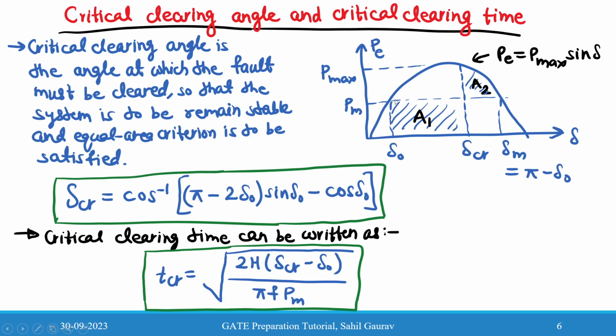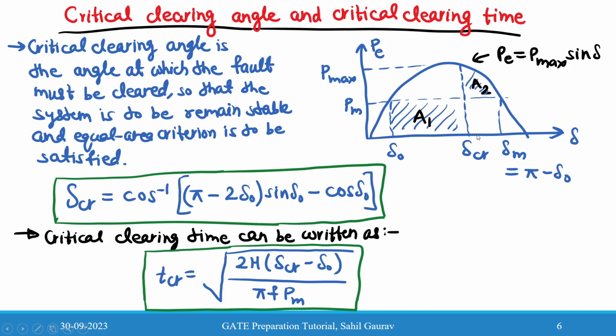Suppose a fault occurs at this time, then the electrical power becomes zero, and it must be cleared before this angle delta Cr so that the system remains stable. If the fault clears after this angle delta Cr, then the system becomes unstable. So this is delta Cr.